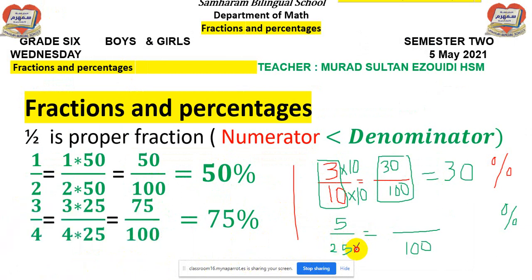As you multiply here by 4, also you should multiply the numerator by 4. So 5 multiplied by 4 is 20. Then 25 by 4 is 100. So as a percentage, you will write 20%.